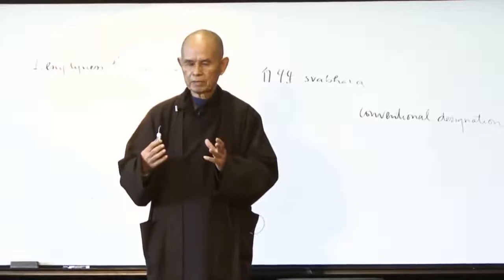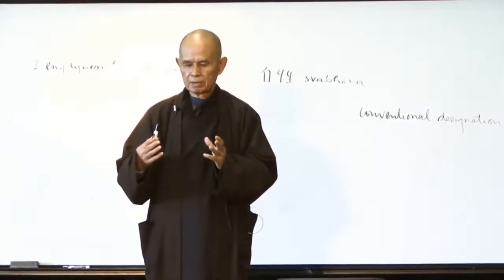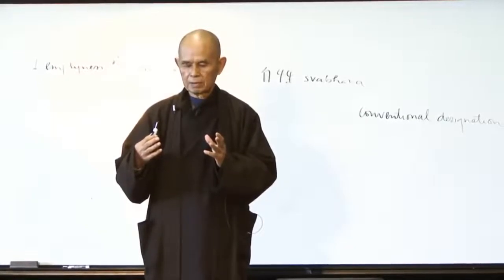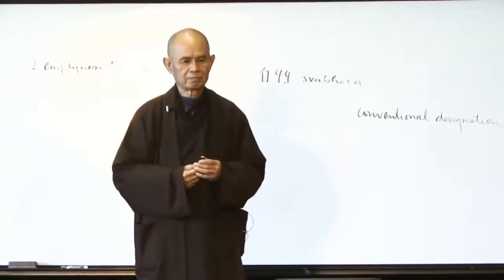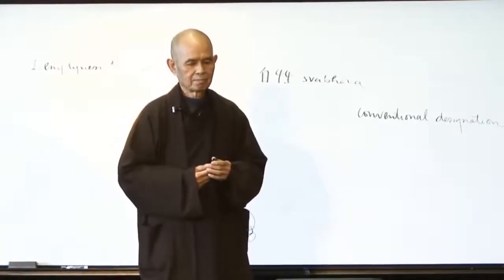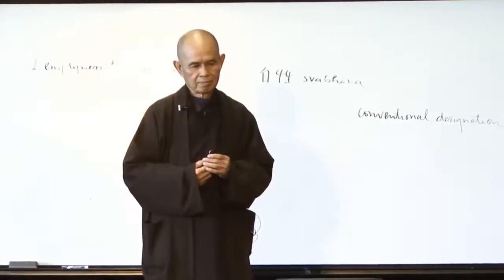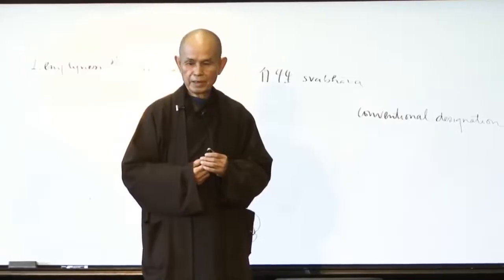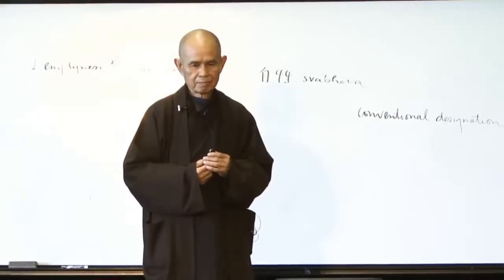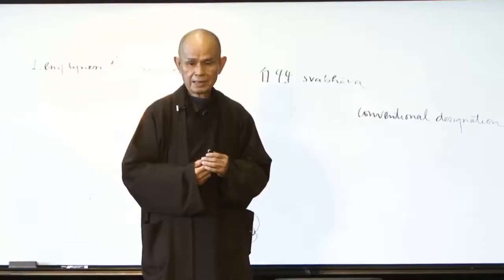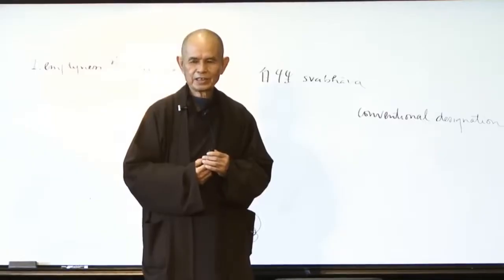Suppose let's talk about a child. A child has no self-nature, no independent existence. Without the father, the mother, the sunshine, the water, the food, a child cannot be. A child is a conventional designation. And that is why a child cannot remain a child forever.